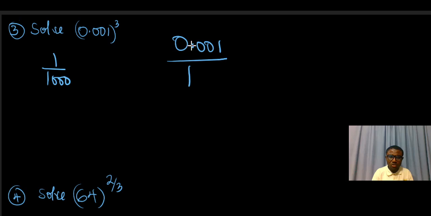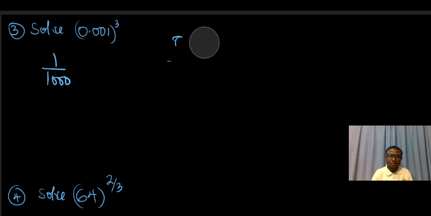So you move this point 3 times, 1, 2, 3, then you add 1, 2, 3 zeros to this. So in the end, we'll be left with 1 over 1000. So that is why we are having 1 over 1000 here.